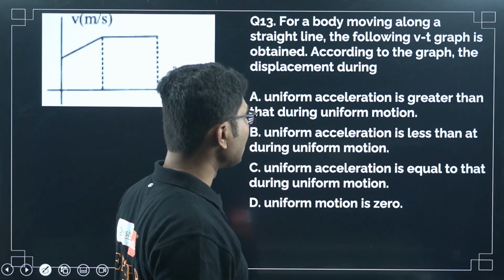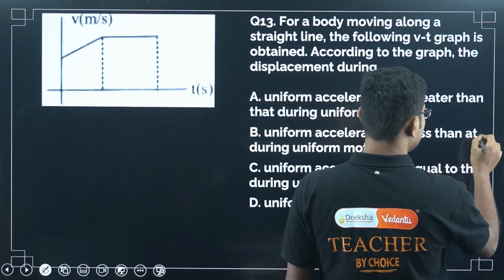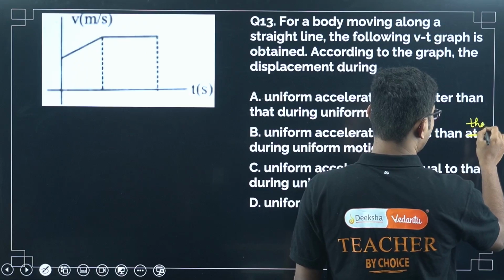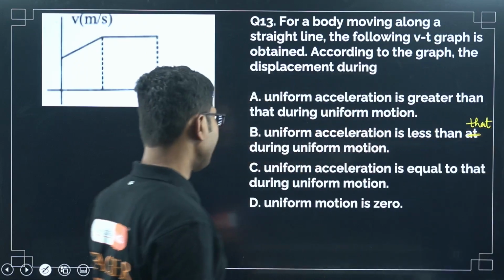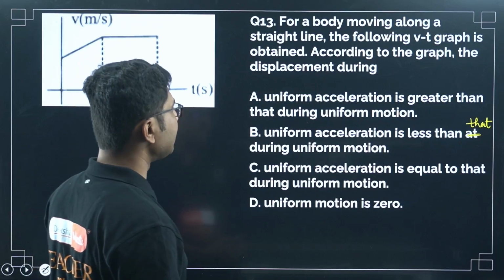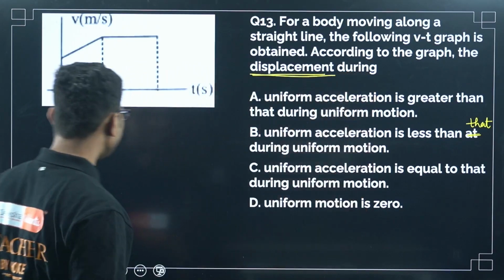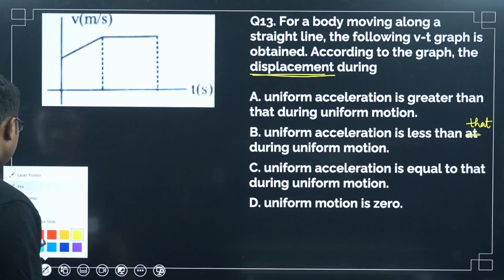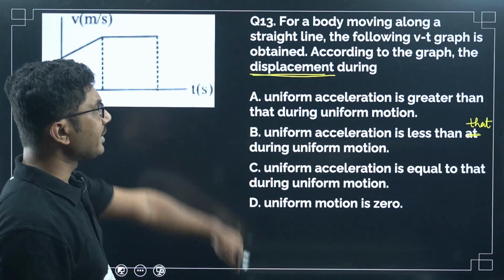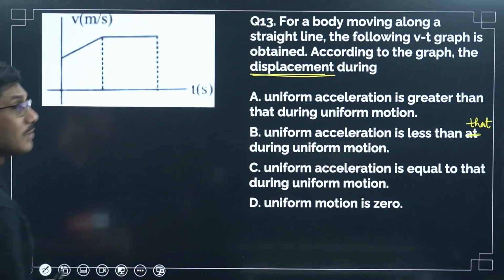Uniform acceleration is equal to that during uniform motion. So from the options it is clear that we are trying to find displacement, and we have to find in which case the displacement is more.